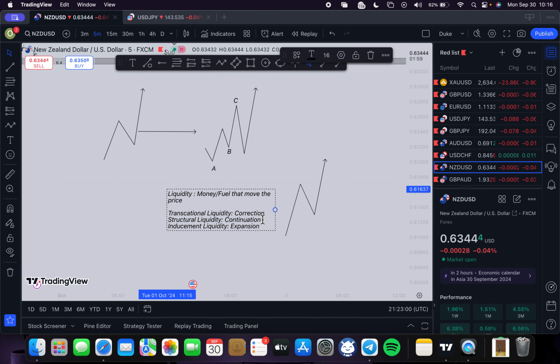It works, but it doesn't really work. So me personally, I prefer inducement because you can see price induce levels almost every given day. You get.